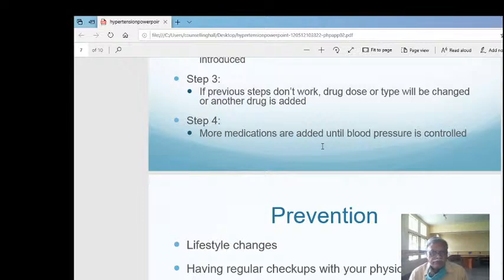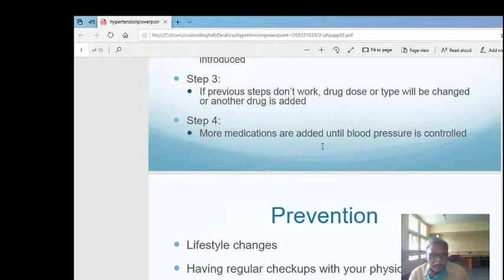So, the first drug that is added to these patients, by and large, is a long-acting diuretic like chlorthalidone, the chlorthiazide group of drugs.